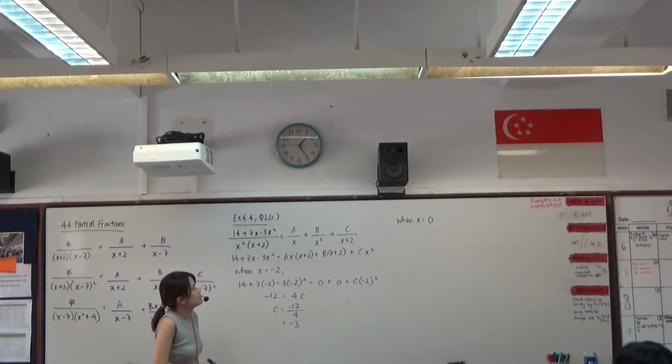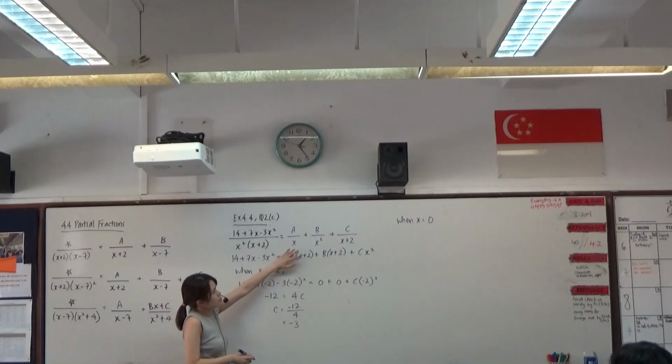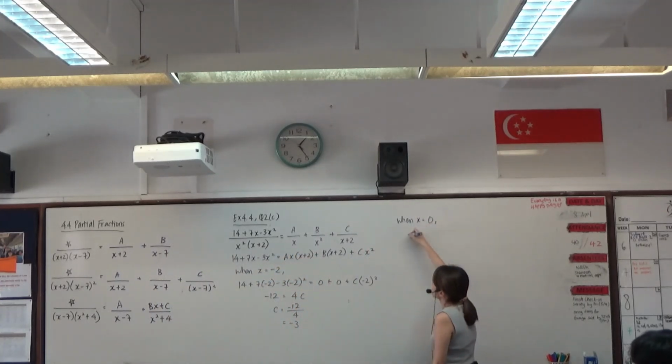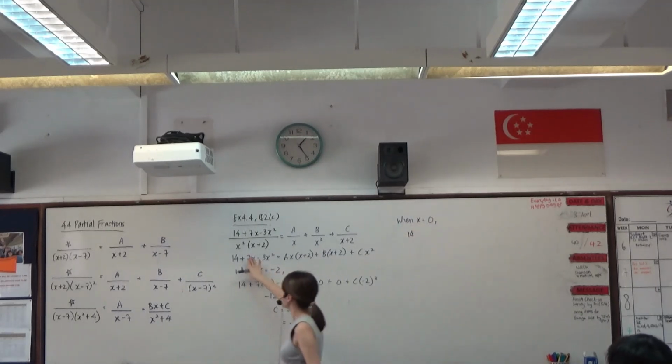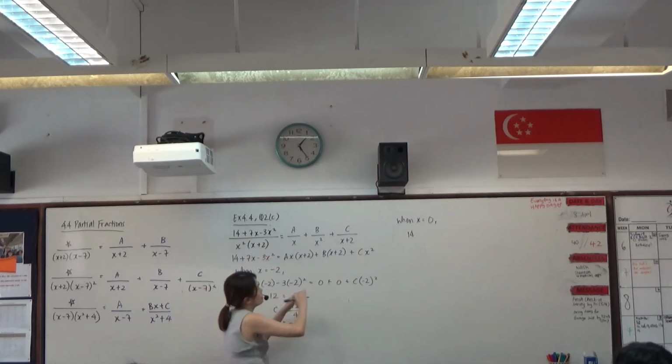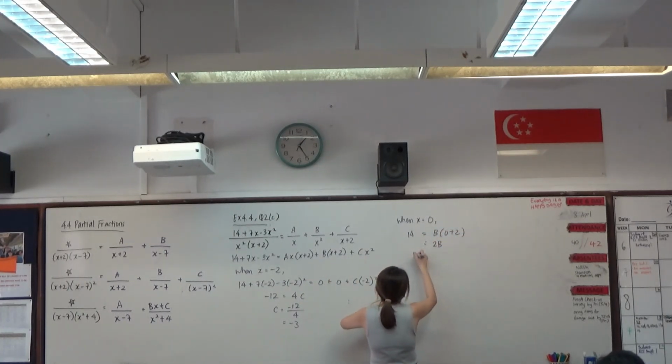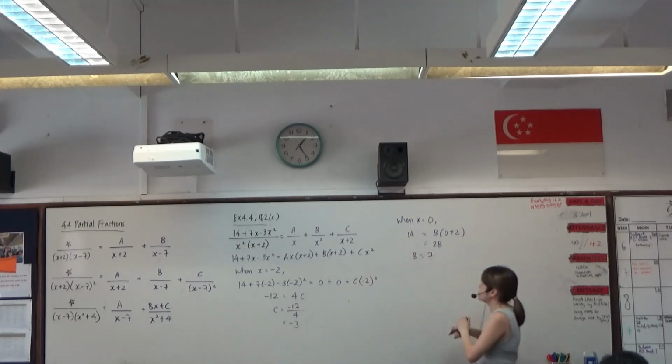When x equals 0, this one is no more, down here also no more, so we can find B. On the left side we only have 14, since down here becomes zeros. Then we will have B times 0 plus 2, so that will be 2B. So B equals 7.